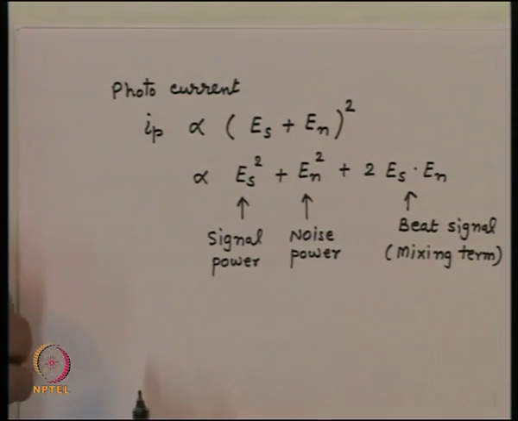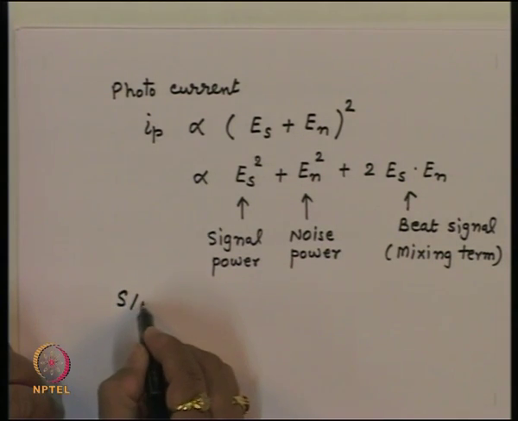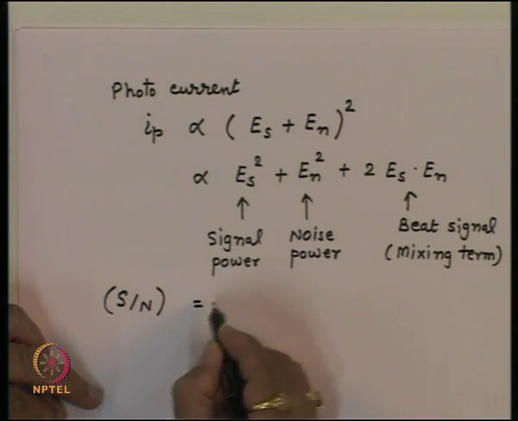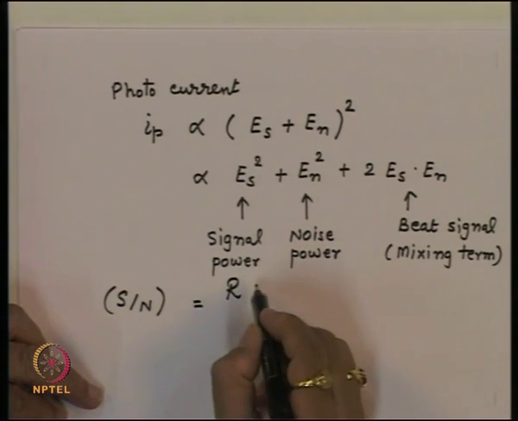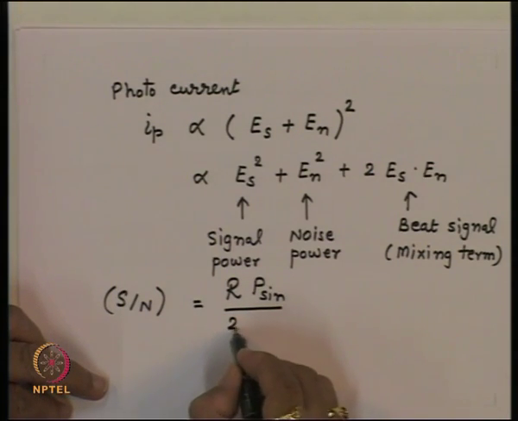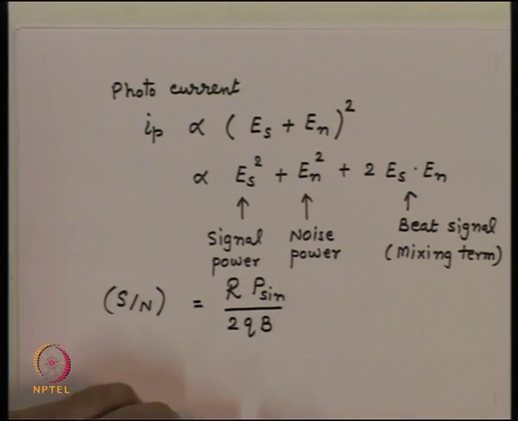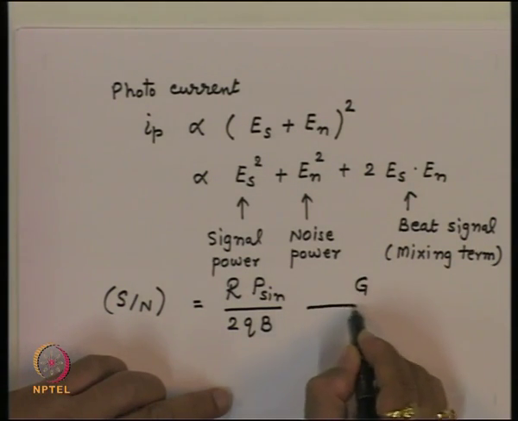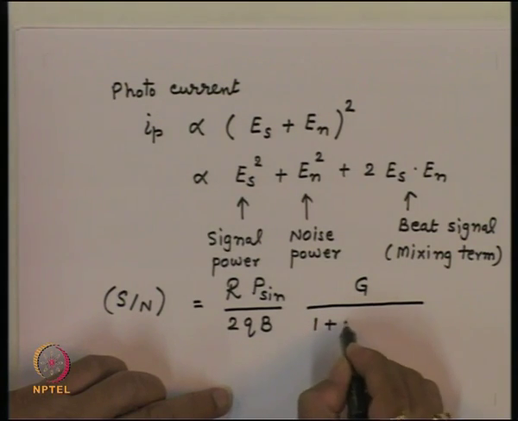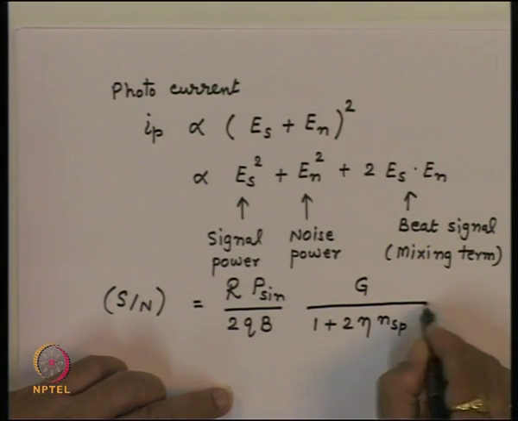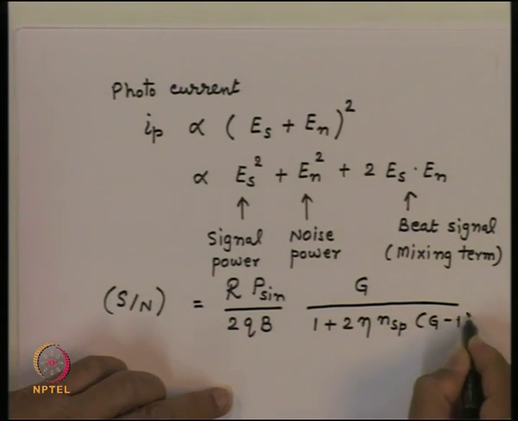If we put all together, then we can write down the signal to noise ratio of this amplifier, and that will be given by R, the responsivity of the detector, times P signal input, divided by 2QB, where Q is the charge and B is the bandwidth of the receiver, multiplied by G upon 1 plus 2 eta NSP into G minus 1.